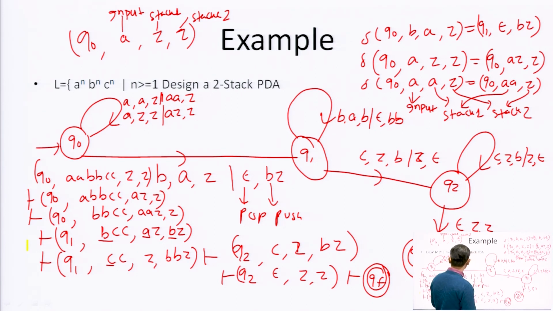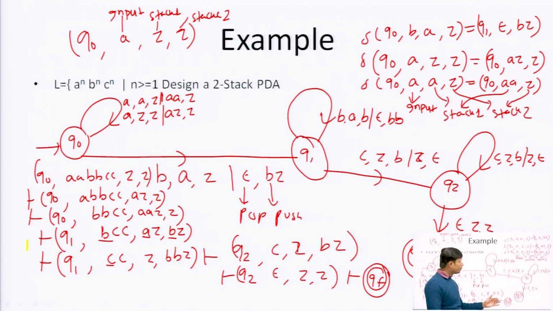Then when you read the input B, we move to Q1, where you pop one A from stack 1, and B will be pushed into stack 2. So you are in Q1.